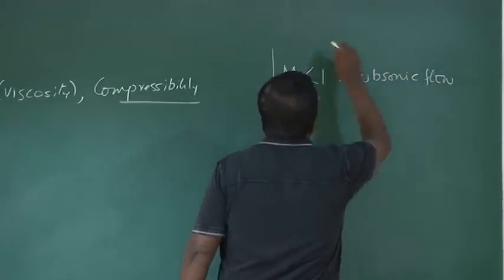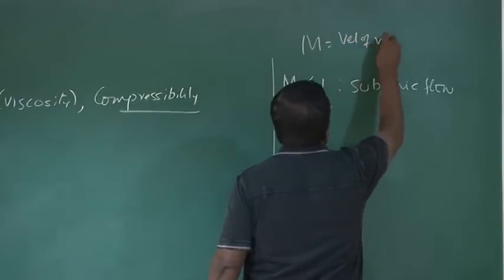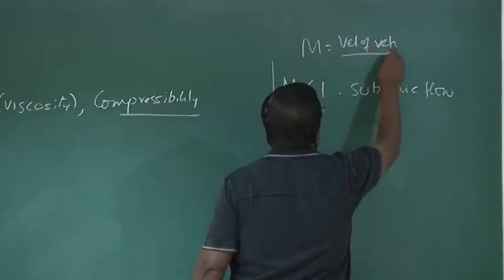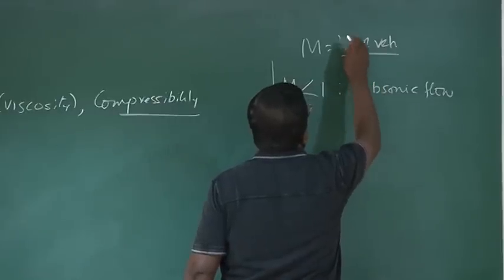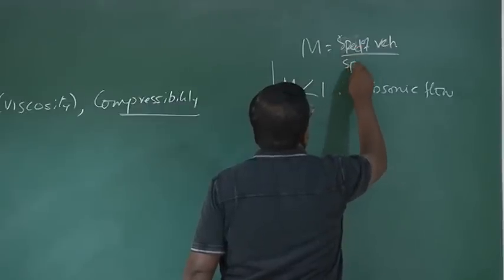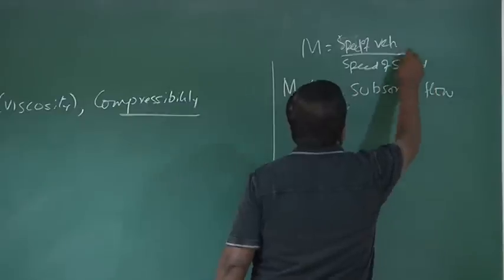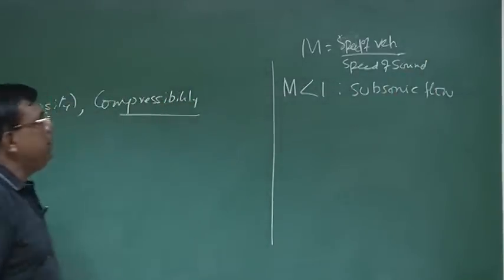And what was Mach number? Mach number was the velocity or speed of the vehicle divided by the speed of sound. Why was this important?